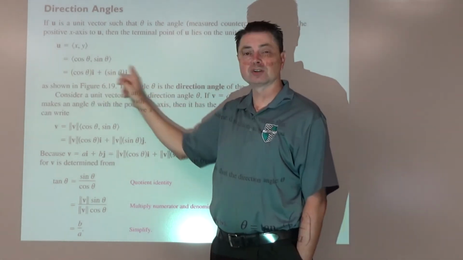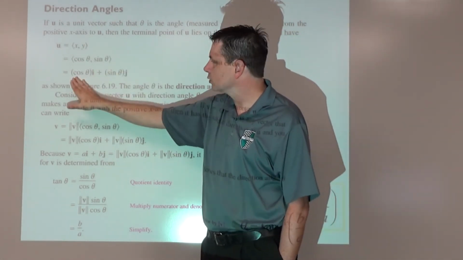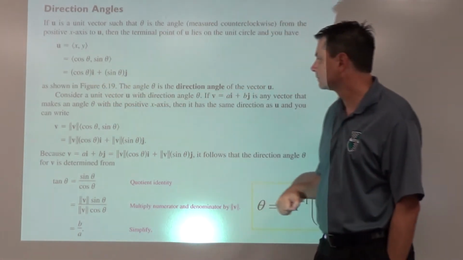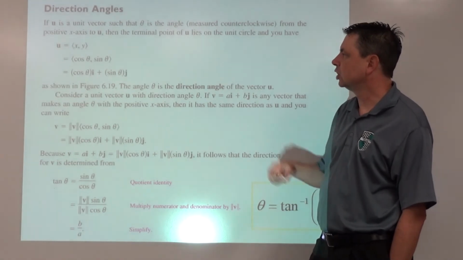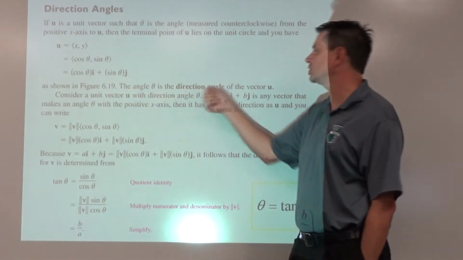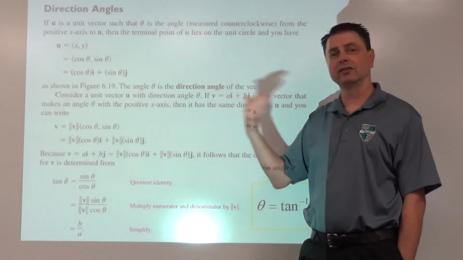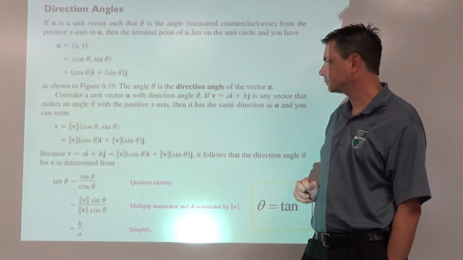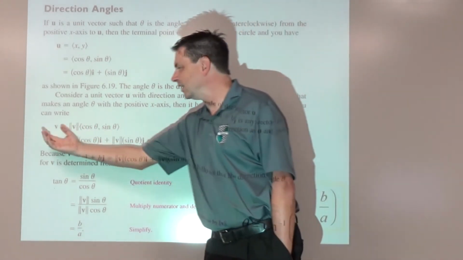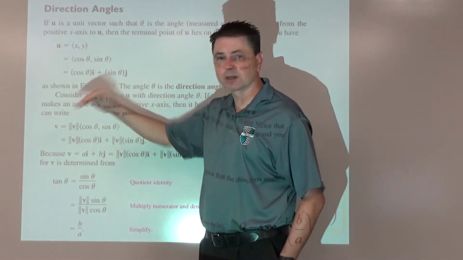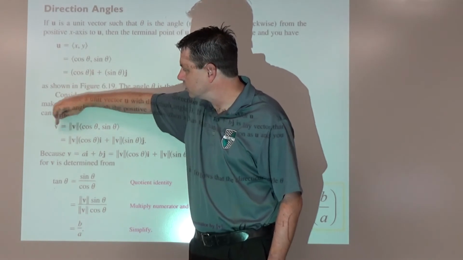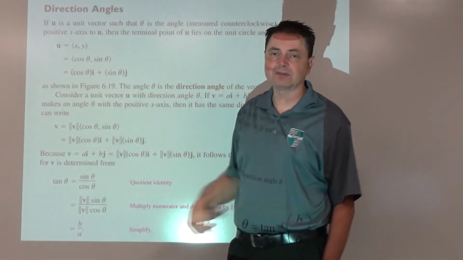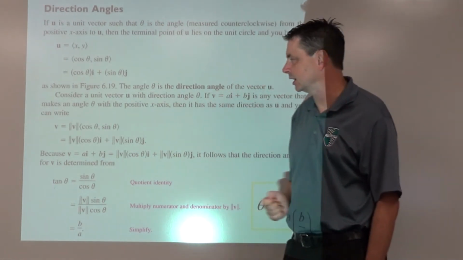In terms of i's and j's, cosine theta i plus sine theta j. So theta is the direction angle. We can think of it as the trig angle of our vector u. One way of writing the vector in component form is the magnitude of vector v times the cosine of theta, comma the sine of theta, if we know the direction angle.